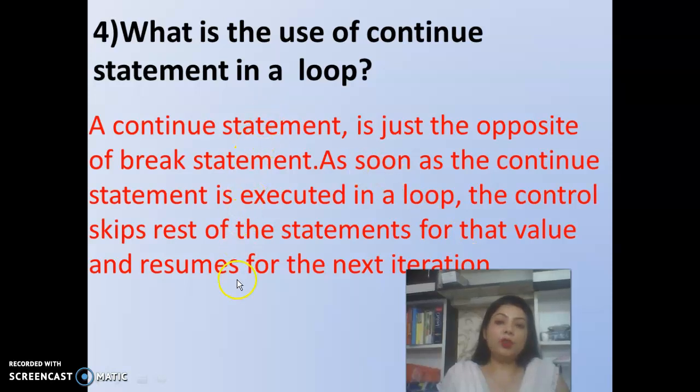That means if in between the loop you get any continue statement, it goes back to the first position of the loop, and does not execute the rest of the statements in the loop. So as soon as it gets the continue statement, it iterates again from the first line of the loop and ignores the rest of the statements of the loop.